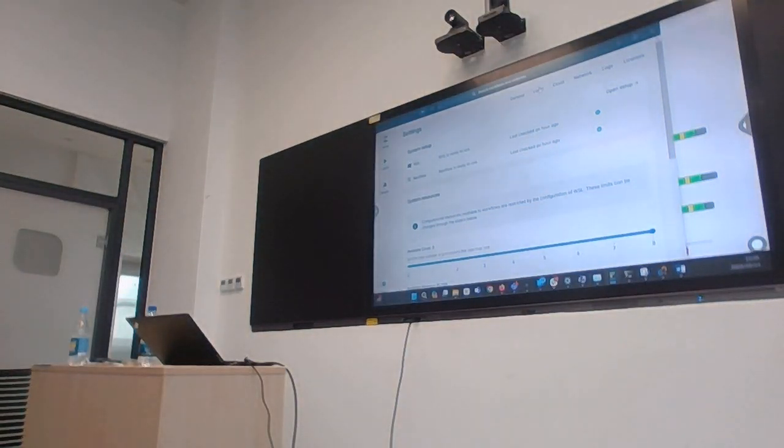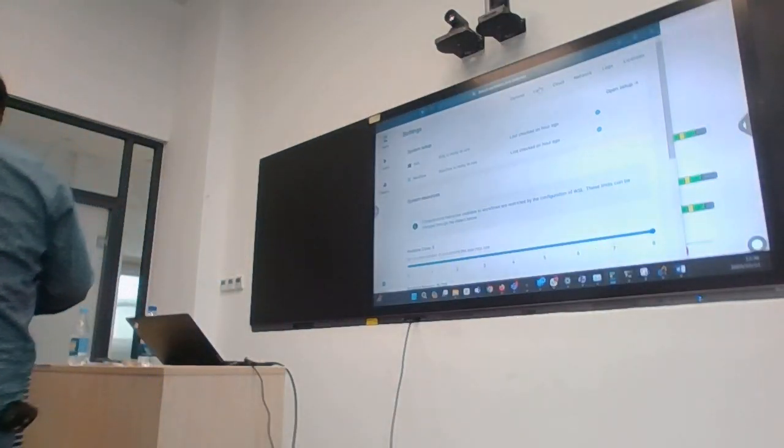Is that a Linux that you're working with over there, or is it the Windows? So what are you working with there? Is that a Windows or Ubuntu?